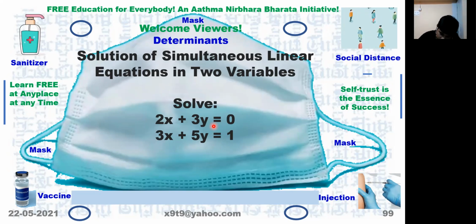Delta y is equal to 2 minus 0, 3 zeros are 0. Delta y is equal to 2 minus 0, which is 2.